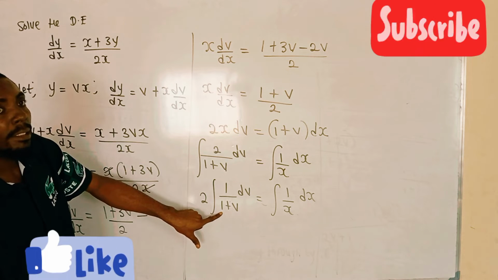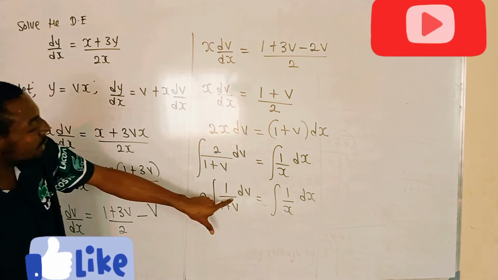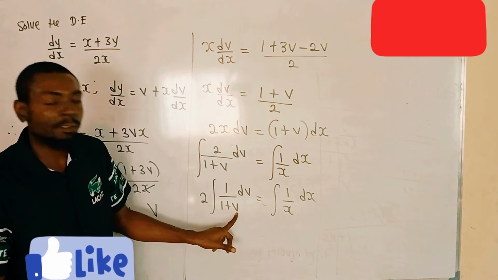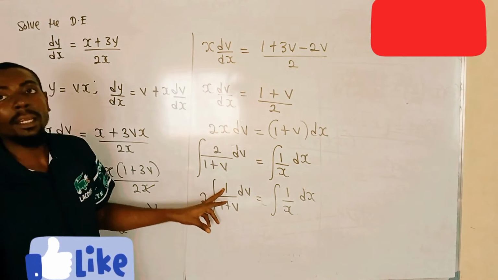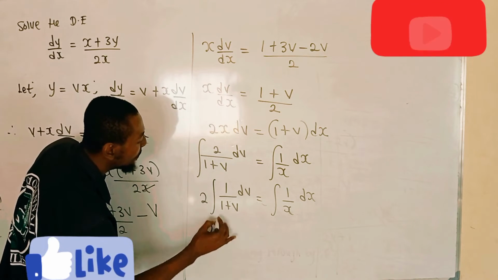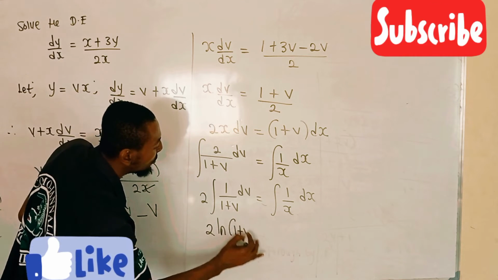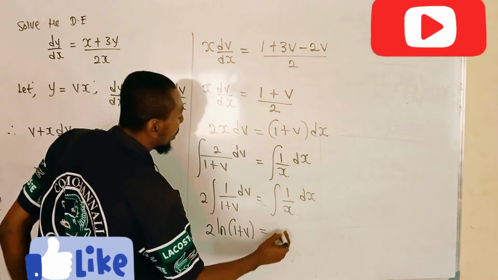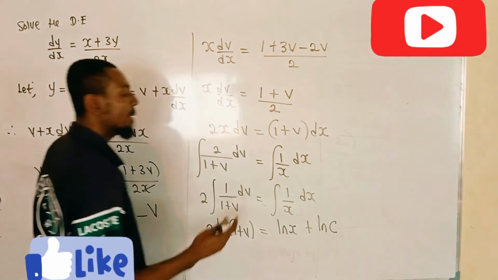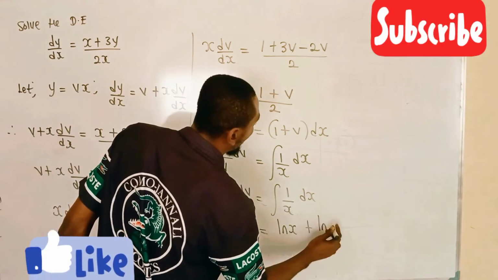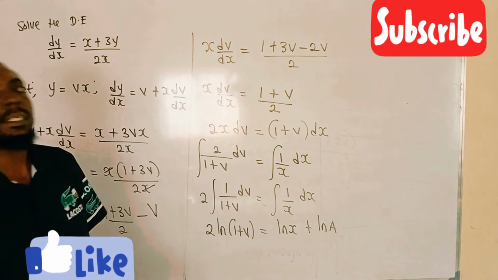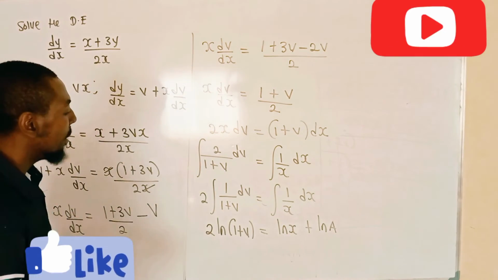It is evident that the differentiation of this denominator will give us 1, because differentiating 1 is 0, differentiating v is equal to 1, and 1 is the numerator. Therefore, we have 2 multiplied by the integral of this, which becomes ln of 1 plus v, equal to the integral of 1 over x, which is ln x plus ln c. This c I can equally say ln a, or anyone who chooses to use it, I can say ln x plus ln a, where a is still the same constant we're talking about.